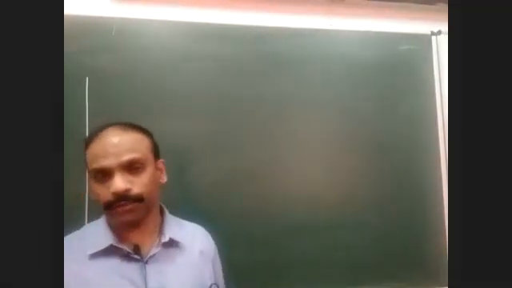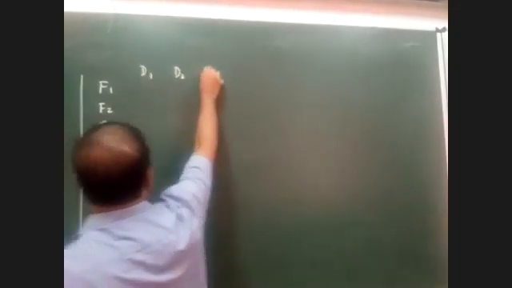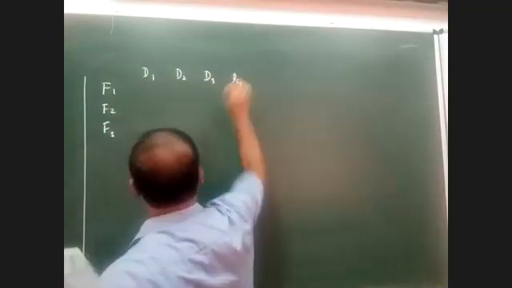You can see that the total supply is 300 and the total demand is also 300, and therefore it is a balanced transportation problem, and we can straightaway start solving the problem. So the 3 rows are F1, F2, and F3, and the 4 columns are D1, D2, D3, and D4.